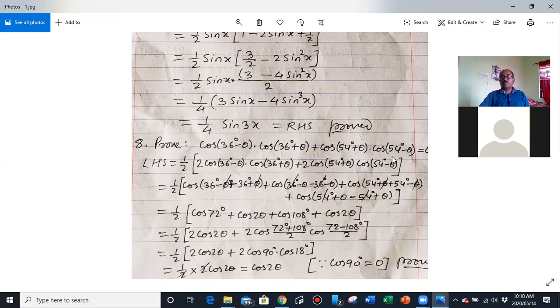To bring that situation, we will multiply 1 and 2, 1 by 2 and 2. So 2 cos A cos B plus, see, copy of first line, 2 cos A cos B. Here 36 minus theta, 36 plus theta, this side 54 degree plus theta, 54 degree minus theta.